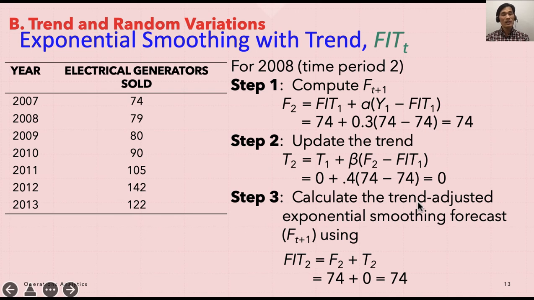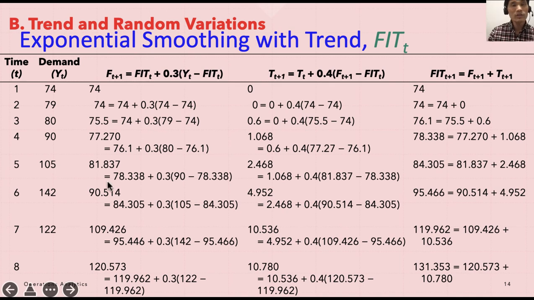And step three is to calculate the trend adjusted exponential smoothing forecast FIT t plus 1 using this formula: FIT2 equals F2 plus T2. We found what F2 and T2 are, 74 and 0, so just add them up, and you have FIT2, which is 74. If we do that for the third time period, then F t plus 1 is 75.5.